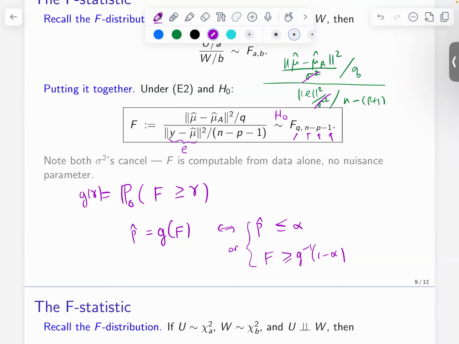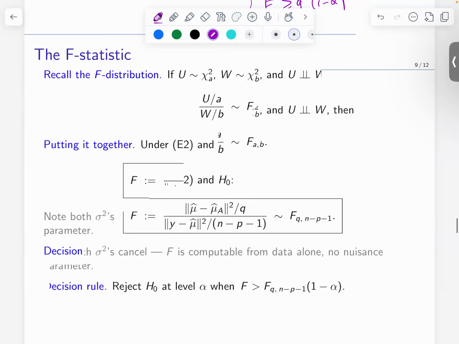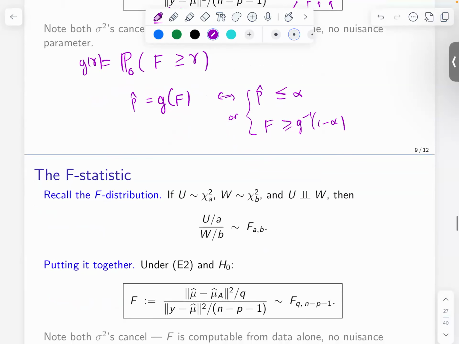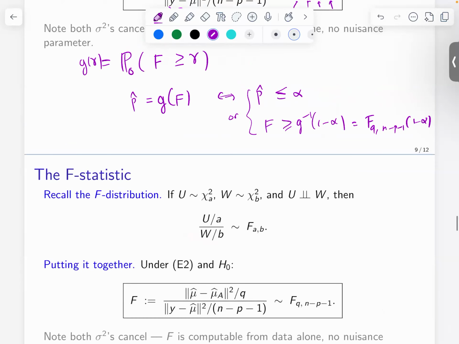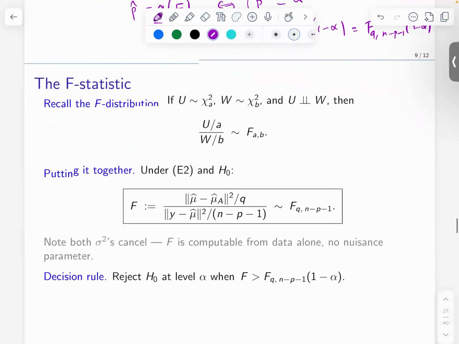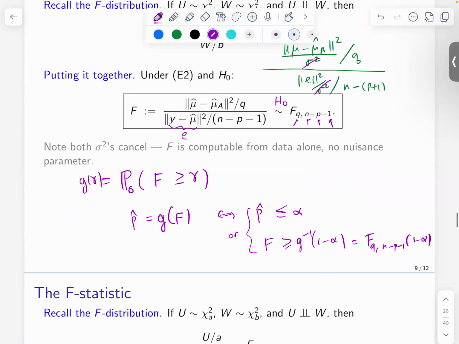Sounds good. Okay. We did it a little faster than the morning session, so that's the test. So reject H naught at level alpha when F is bigger than gamma, which would be F with q and n minus p minus 1 degrees of freedom, at 1 minus alpha. I'm not sure if I used the notation right.